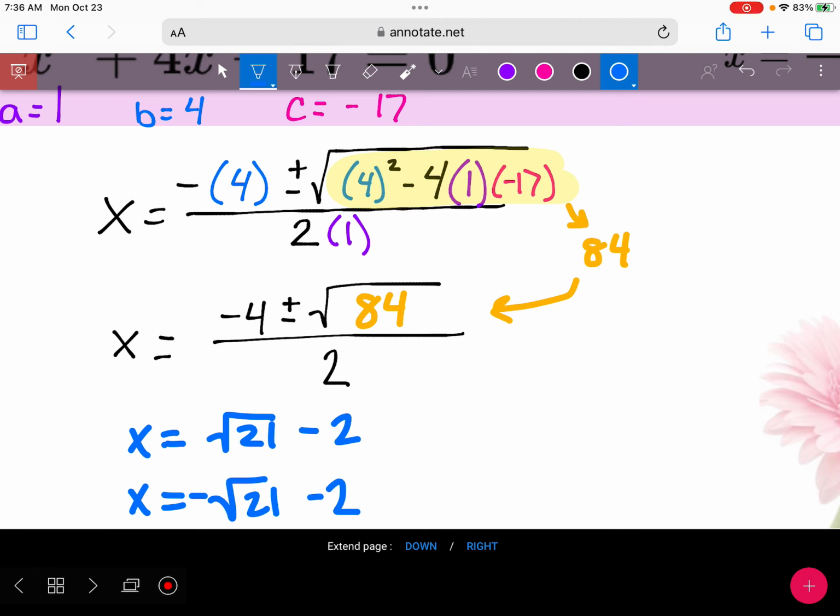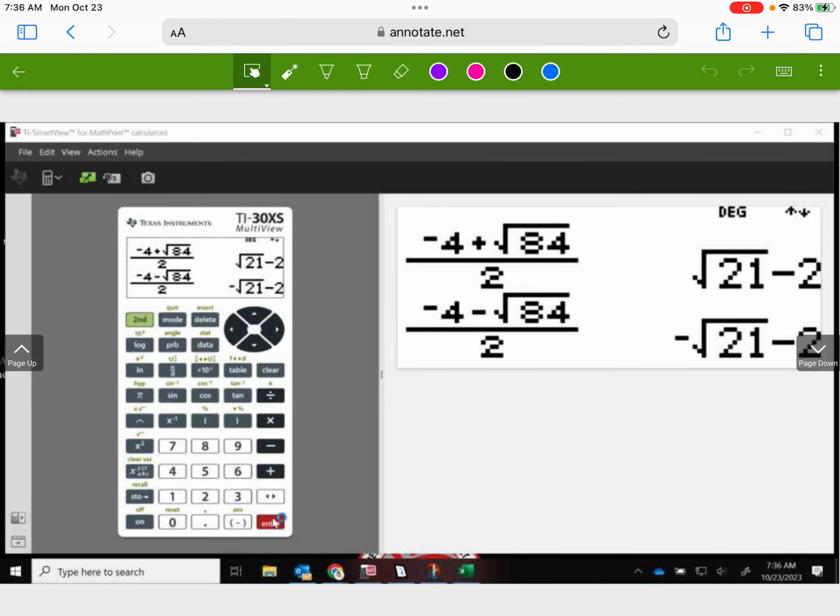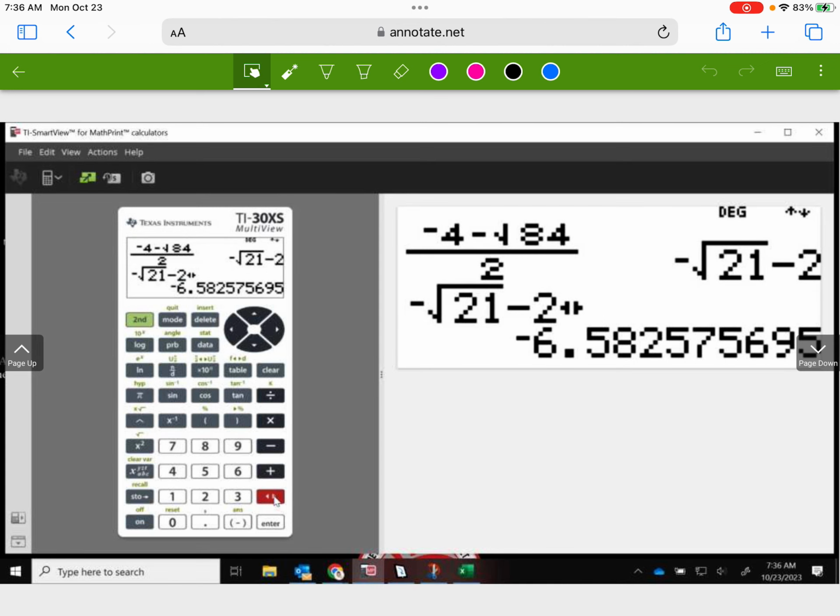We need 2 answers. To get a decimal answer, we're going to go back to the calculator. I'm on my second one, my minus sign one, and I'm going to hit the double arrows right above the enter button. And it gives us the decimal form. For the most part, we're going to go with 3 decimal places unless I tell you otherwise.